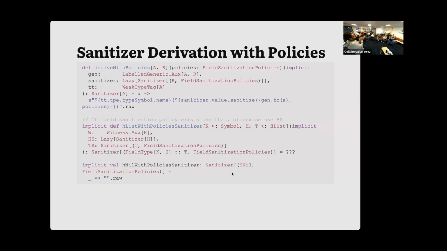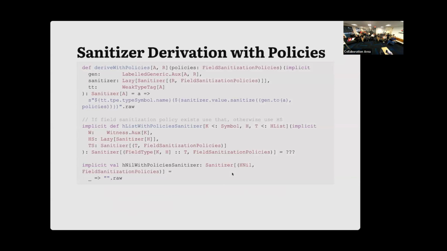Now for every element we append the field sanitization policies, or the map that we have. It's appended to every type. So now each element of the heterogeneous list contains that field sanitization policy as a part of it. And then if we pass it when we call the sanitize method, it interprets the correct type.